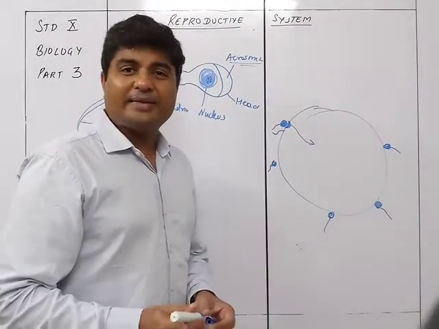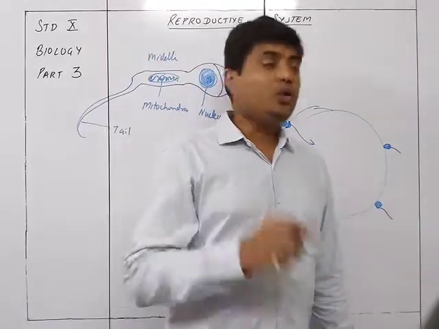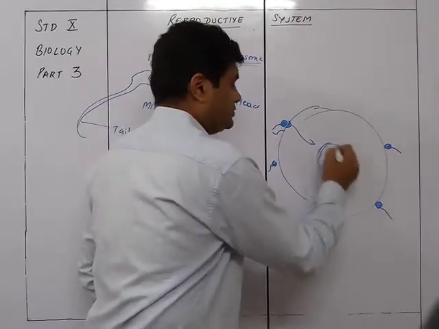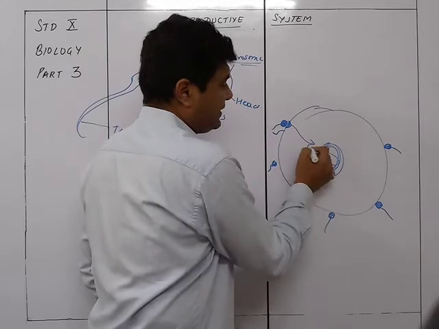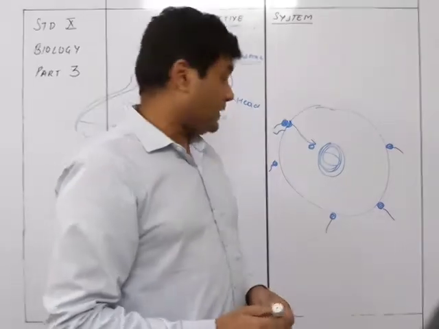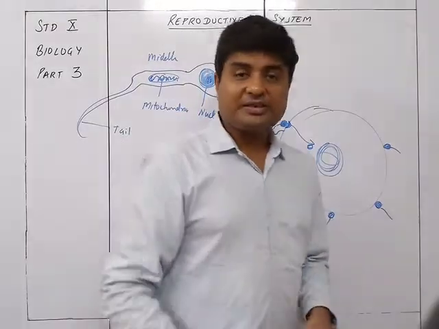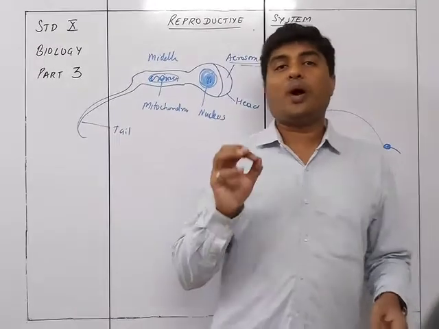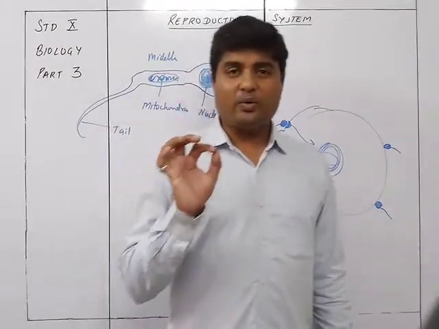So the tail remains outside and the nucleus enters from this part. It is like only one-way entry, and only one can enter.